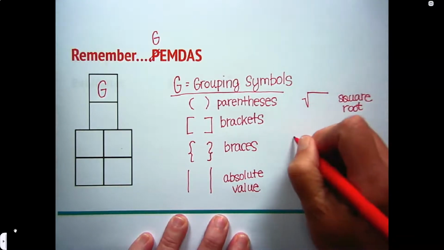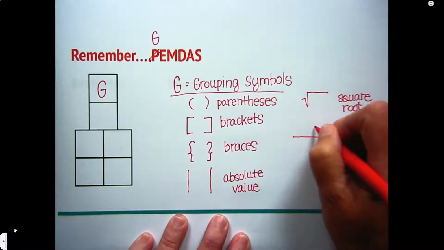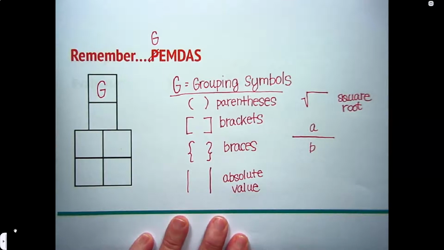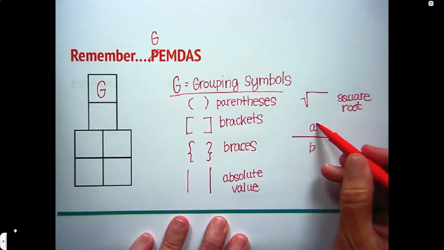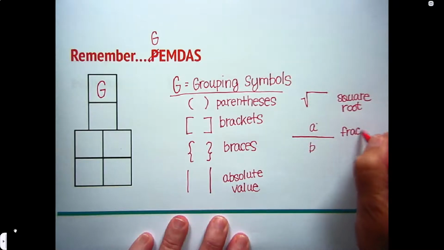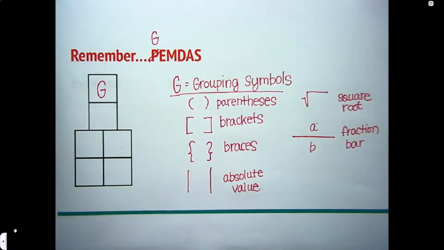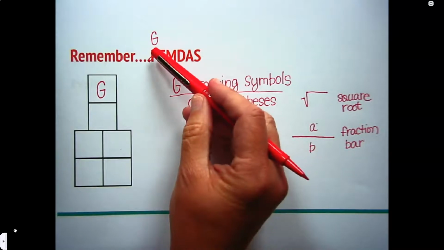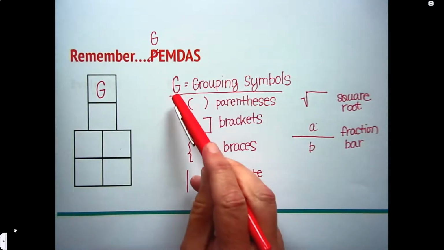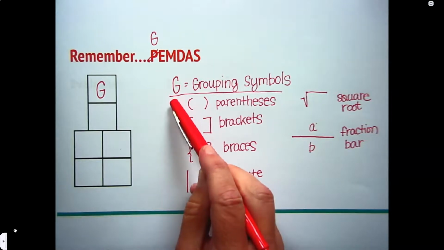And then finally, and I'm going to have to write some letters in here to kind of show you what this is. If I have A over B, this fraction bar is another type of grouping symbol. Okay, so instead of saying parentheses go first, like you have in the past, we're going to say grouping symbols go first.